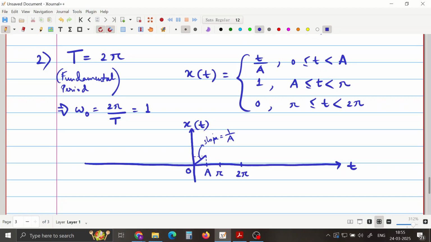It is capital A by A, which is 1. From the second interval also you can see that at t equals capital A it is equal to 1. So from capital A to pi, it stays at 1, and from pi to 2 pi it falls to 0 and stays at 0.